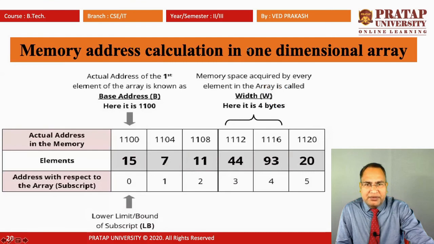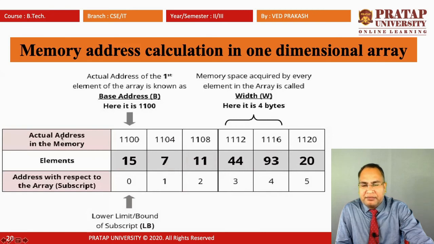Now, our next topic is memory address calculation in a one-dimensional array. When we declare a one-dimensional array, we always have to consider two things: first is the address and second is the indexing form. Basically, the index always starts 0, 1, 2, 3.